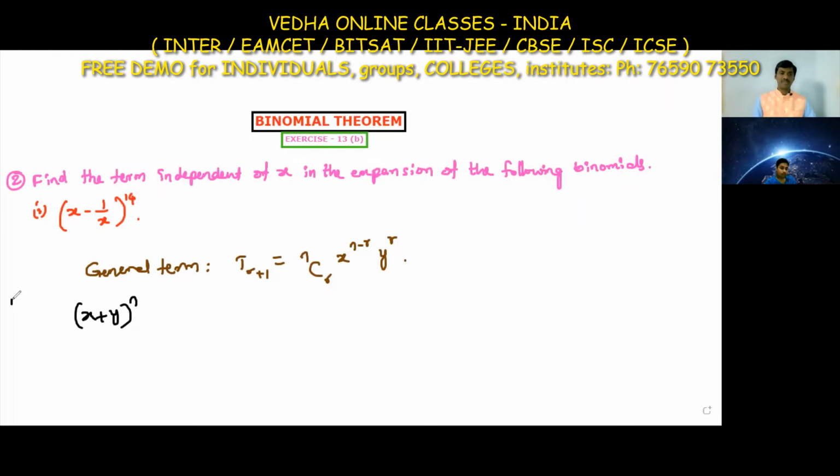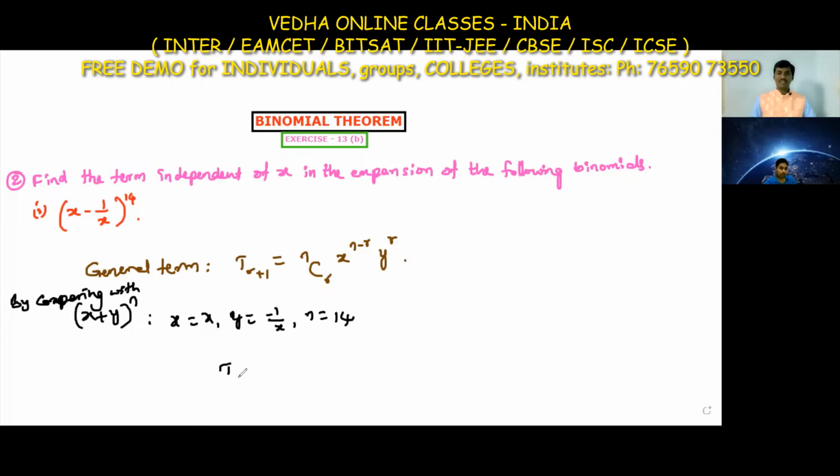So by comparing with (x plus y) whole to the power n, what is the x value? x only. What is the y value here? Minus 1 by x. What is the n value? The constant power 14.